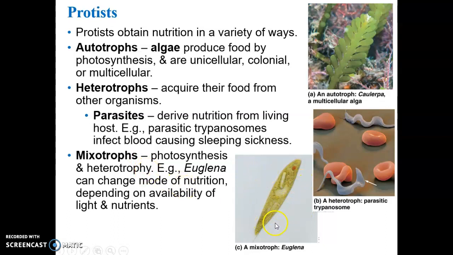So for example, Euglena can photosynthesize if the nutrients and sunlight are available for that, or it can switch to being a consumer and being heterotrophic if, say, carbon dioxide and light are limited, but other nutrients are available. Euglena can shift between being heterotrophic or autotrophic. That's pretty amazing, really, for a simple single-celled organism.